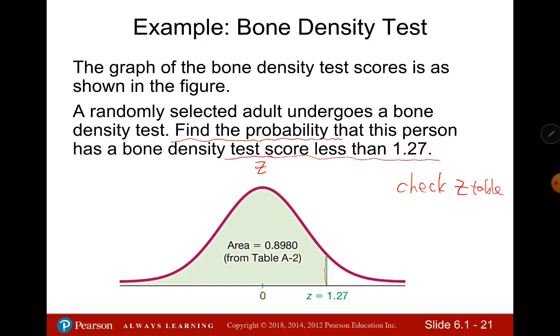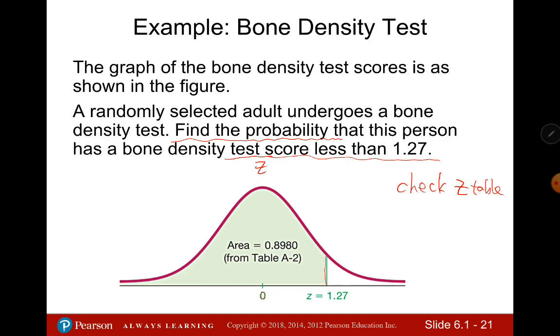Then we check the top row. The top row has 0.07. Then we check that column, 0.07, and the row 1.2. We can locate the value. Which one is for 1.27?